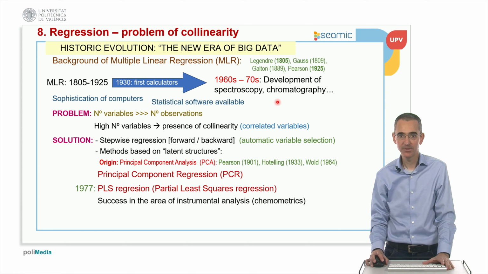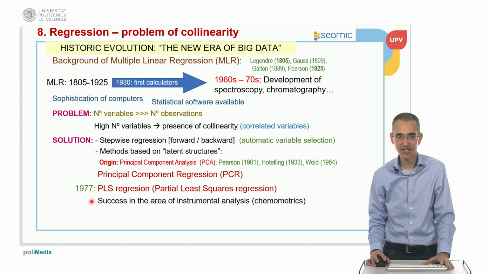Remember, in the 60s and 70s there was a big development of these analytical methods with this problem, and so in 1977 PLS regression was provided, and this method was able to solve the problems that were appearing in chemometrics. This is why this method had a great success.